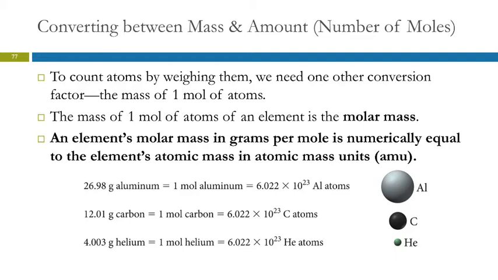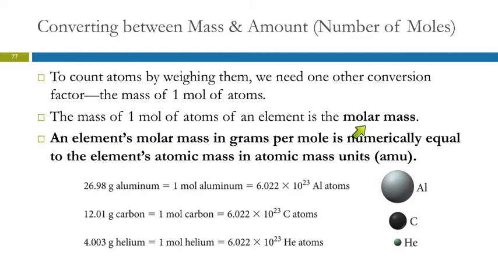Because of how Avogadro's number is defined, the element's molar mass in grams per mole is the same number as its atomic mass in atomic mass units. So those numbers on the periodic table under the element symbols are the average atomic mass in AMUs. They are also the mass of 1 mole of atoms in grams. And that's why Avogadro's number is what it is.